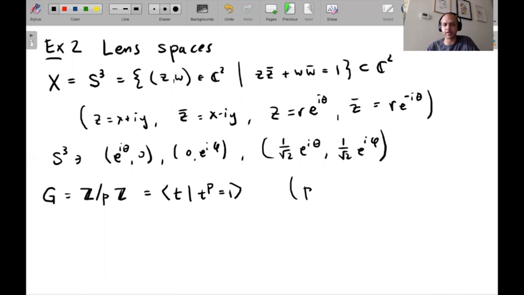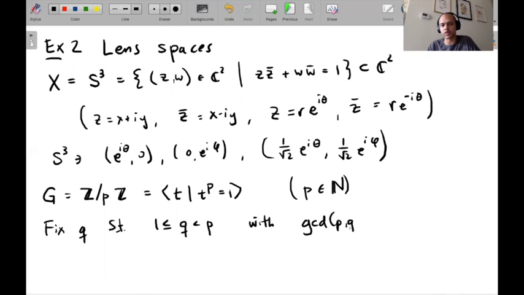Here p is any positive integer, and we're going to fix q between 1 and p with the GCD of p and q being 1, so these are relatively prime.